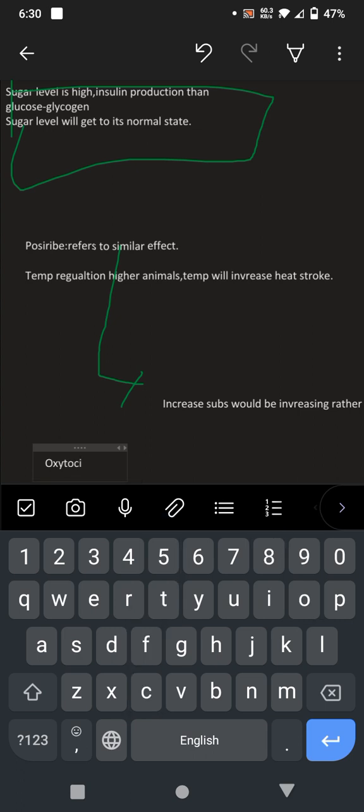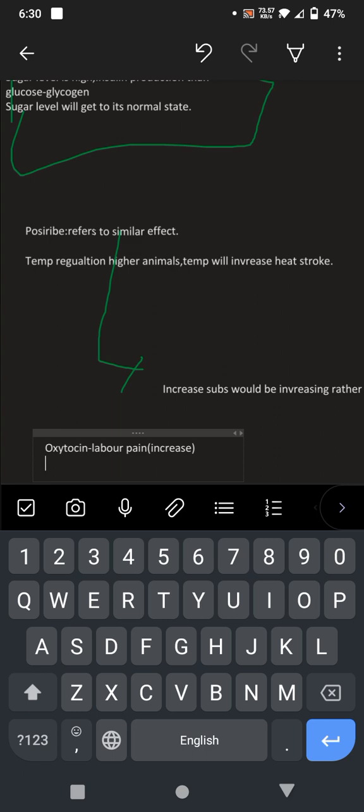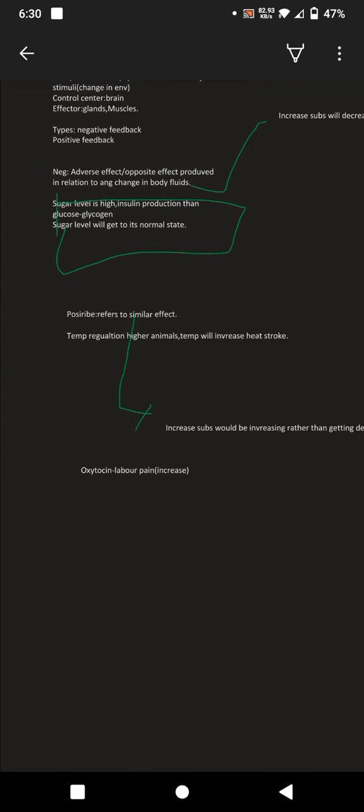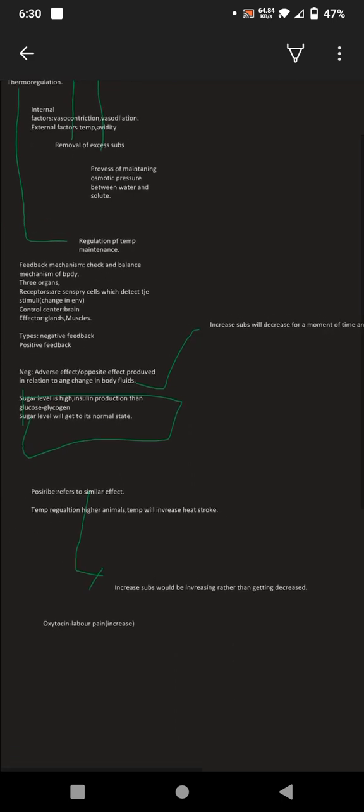It is produced during labor pain. What happens? It increases during the labor pain, and this is an example of positive feedback.